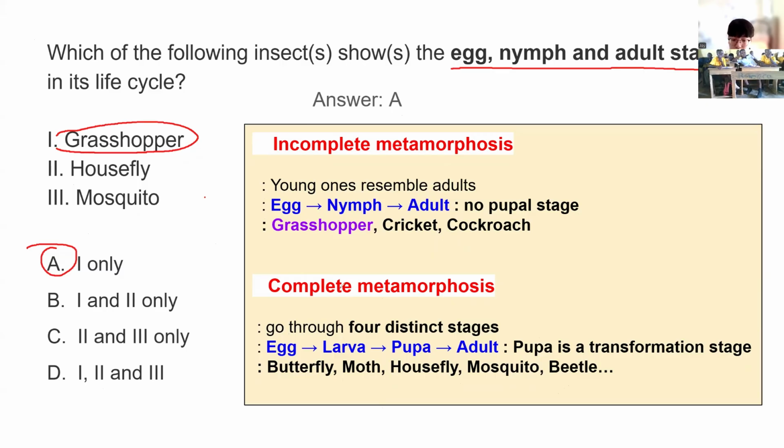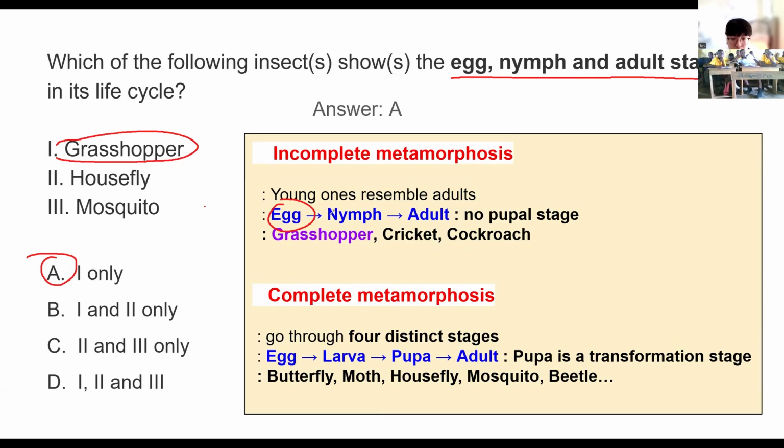So without a pupa stage, they are just going straight from the eggs to the nymph to the adult. Things like grasshoppers, crickets, and cockroaches. But complete metamorphosis includes things like houseflies.